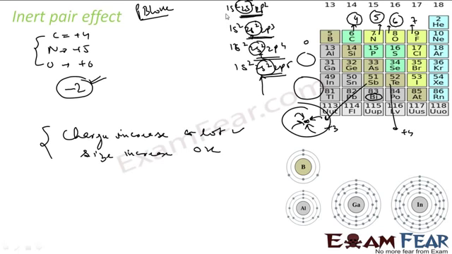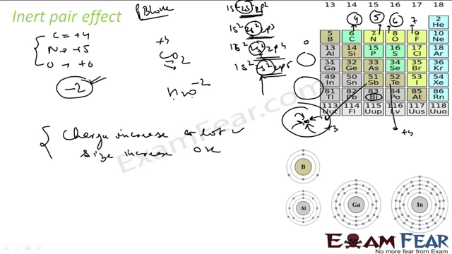Since they will not take part in bond formation, you have to ignore these for the oxidation state. Because oxidation state, typically, for example, in CO2, you say carbon is +4. Why? Because it is bonded to 2 oxygen atoms. Similarly, in H2O, you say oxygen is -2. Why? Because this oxygen is bonded to 2 hydrogen atoms.